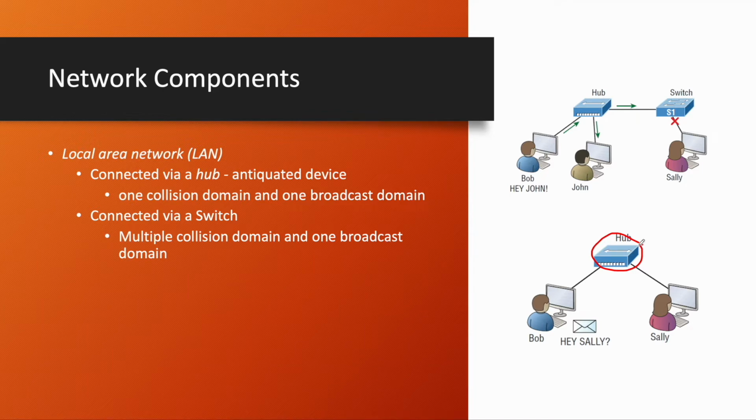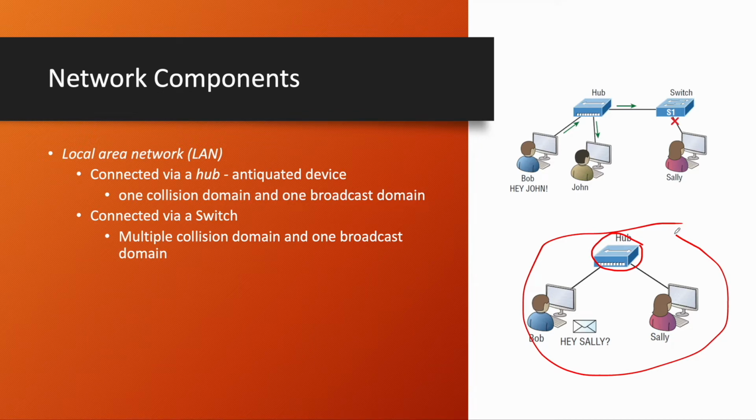This is typically used in SOHO networks, which are small office home office networks. Keep in mind that a simple small office home office network like this one would be considered one single collision domain and one broadcast domain. We will see later what a collision domain is, and what a broadcast domain is.